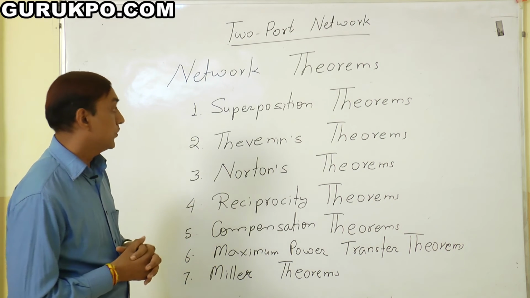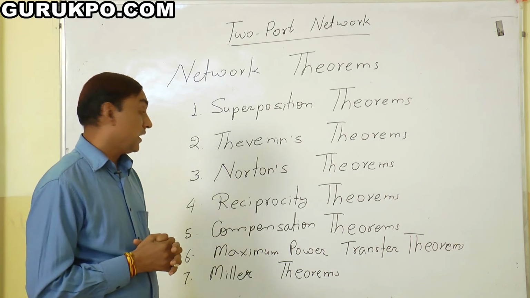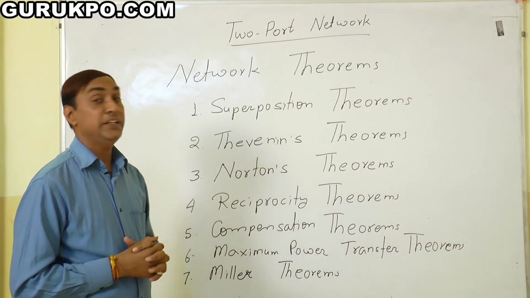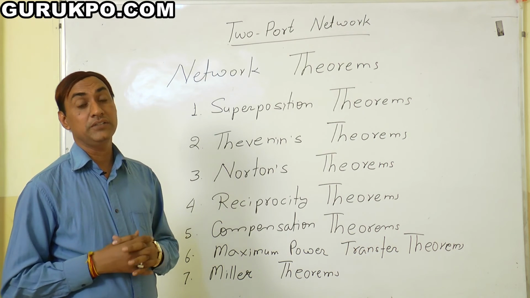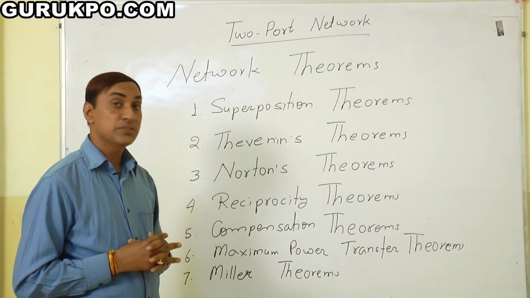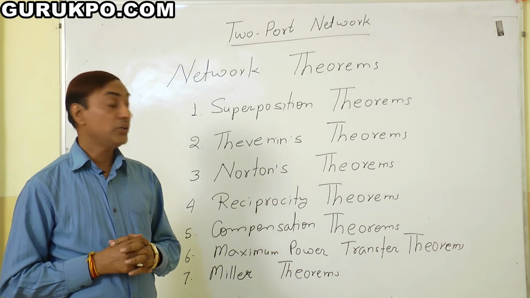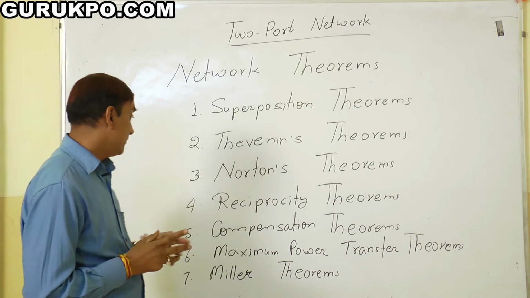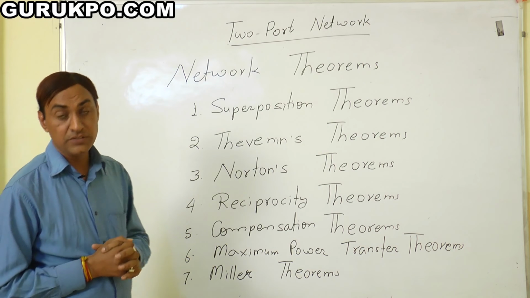That's why in Thevenin theorem we say Thevenin resistance or Thevenin voltage. Another is Norton theorem. Norton theorem shows the current form of any two port network, or we say this is part of the Thevenin theorem. So in the Norton theorem we use Norton current and Norton admittance. Number 4, reciprocity theorem. Reciprocity theorem is very simple.